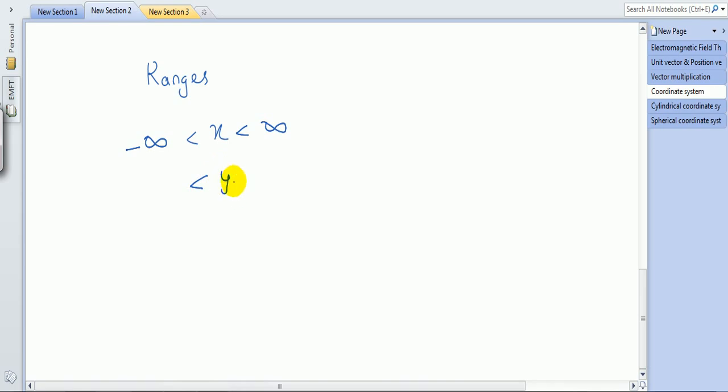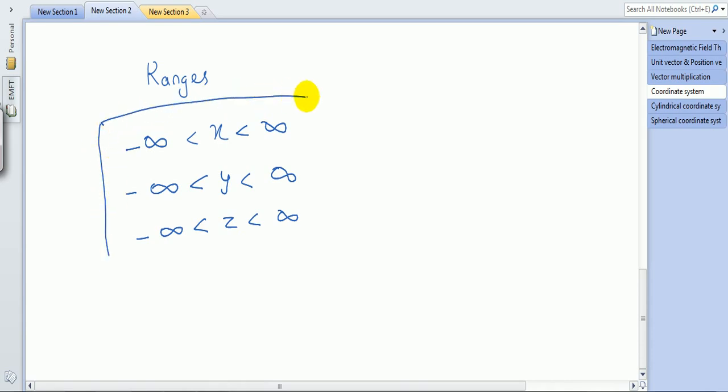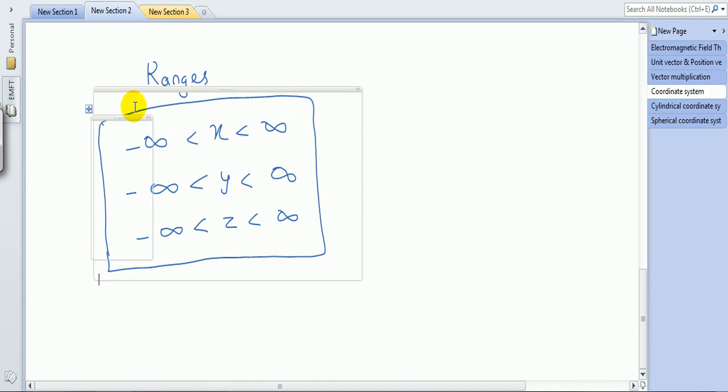The value of y will be from minus infinity to plus infinity to cover the whole y-axis, and similarly the value of z will be from minus infinity to plus infinity to cover the whole z-axis. In this way we can cover the whole universe using this rectangular coordinate system with these ranges.